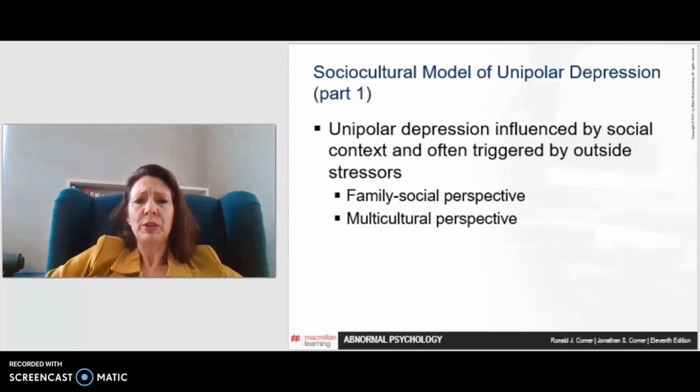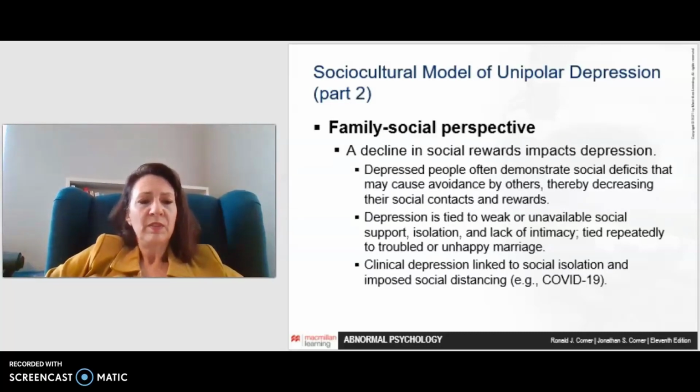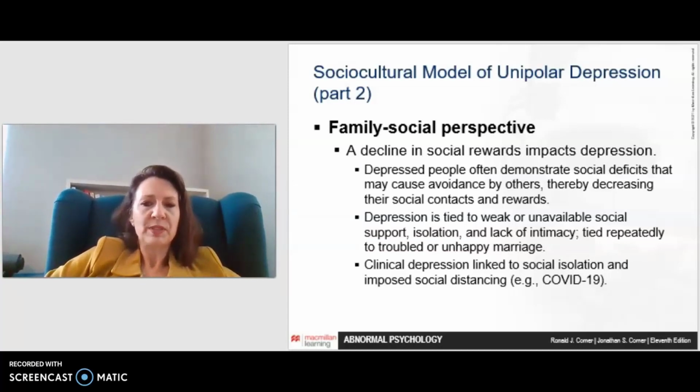Also, unipolar depression is influenced by social context and often triggered by outside stressors. The family social perspective and the multicultural perspective focus in on those kinds of triggers. The family social perspective says that we have a decline in social rewards, and that produces depression. So depressed people often demonstrate social deficits that have other people then react negatively to them.